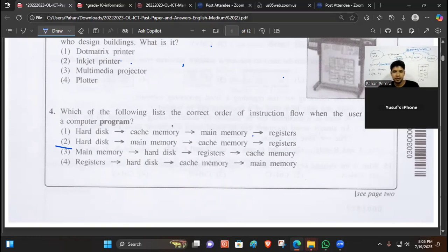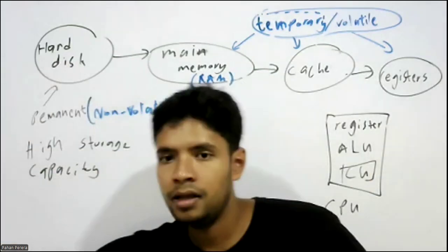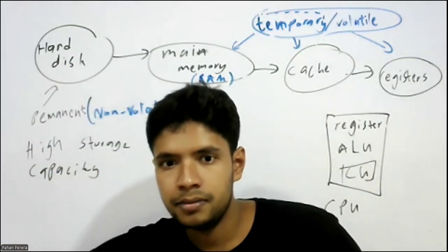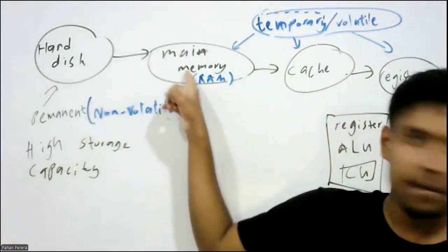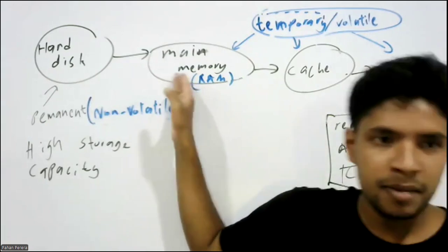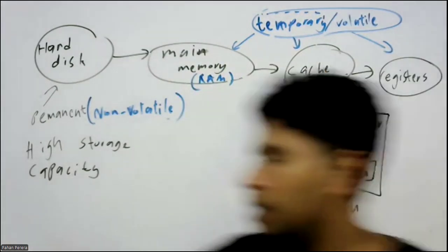I will explain that using the board. First, data will be taken from the hard disk to main memory, then main memory to cache memory, and from cache memory to registers.